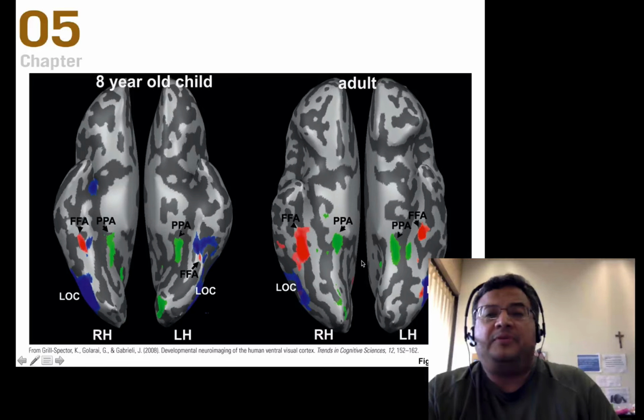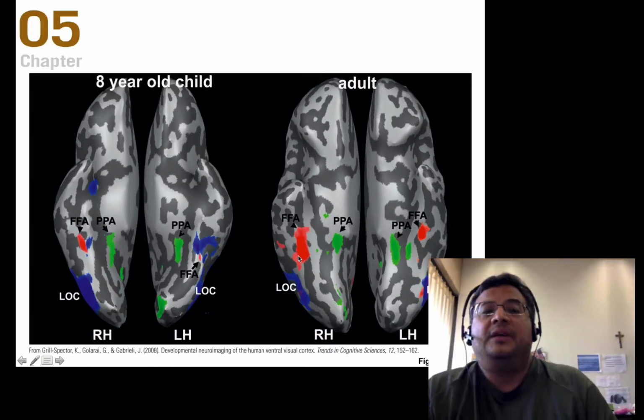You can see that the fusiform face area is much, much greater developed in an adult than it is in a child, right? So children, as we know, have not seen as many faces as adults have. They have not had as much experience perceiving as many different faces, right? So children's ability to perceive faces is going to be relatively limited compared to an adult.